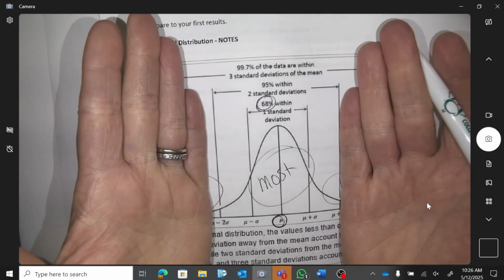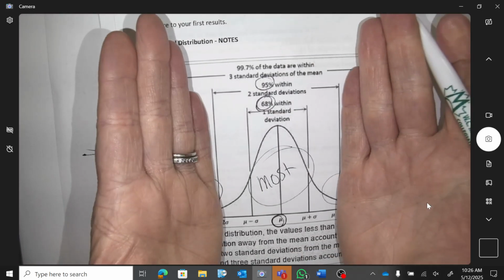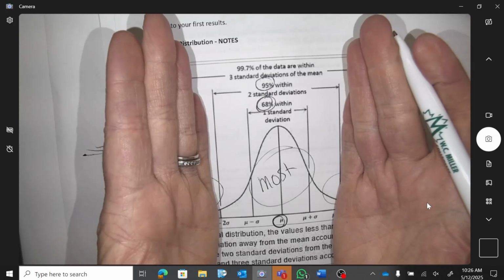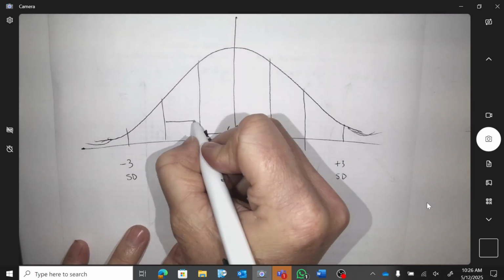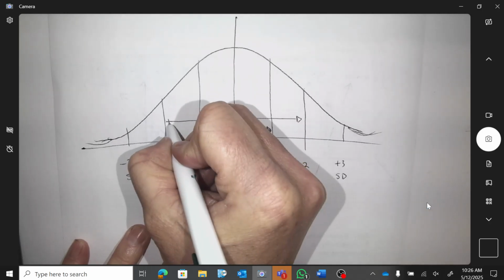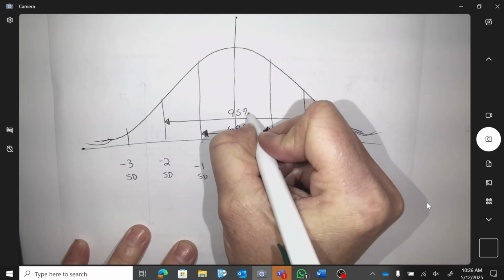Within 2, above or below, 95% of your data should be inside those numbers. 95% of your data.